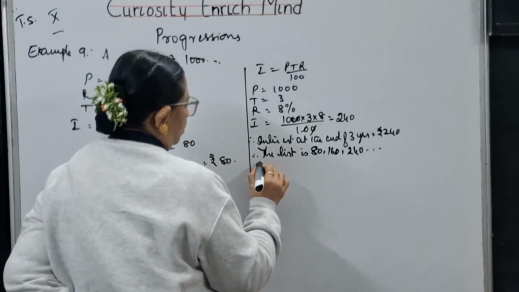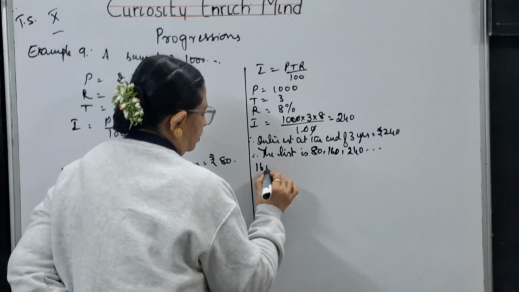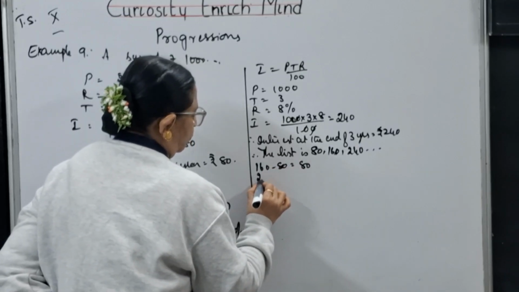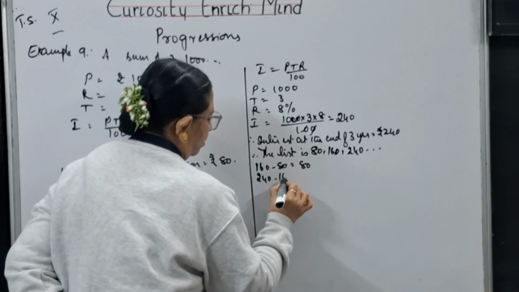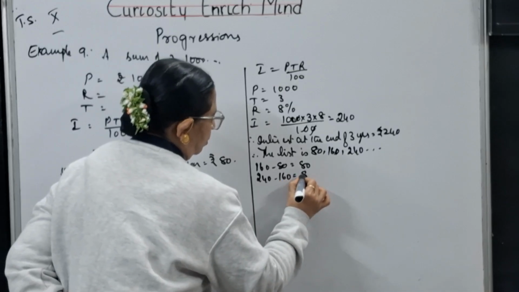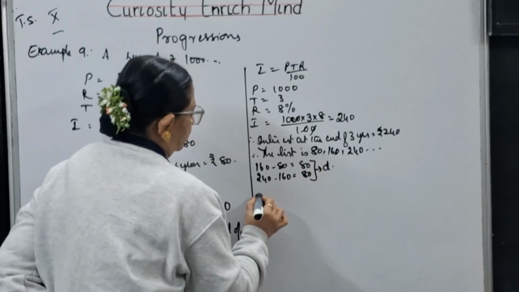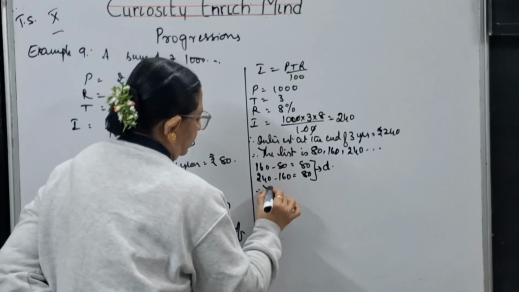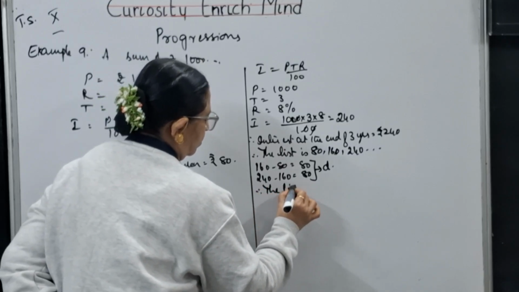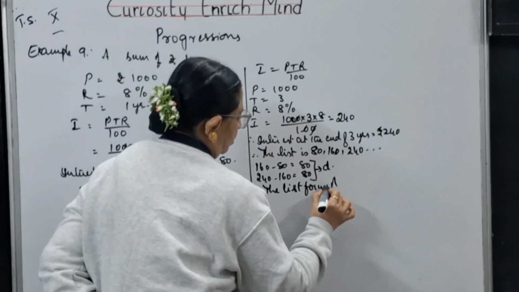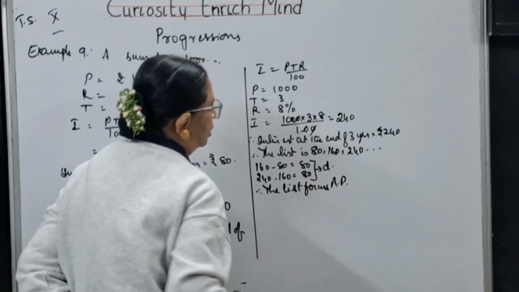Now find out: 160 minus 80 is 80. 240 minus 160 is also 80. That means this becomes the common difference. Therefore, the list forms an AP. So it is in AP.